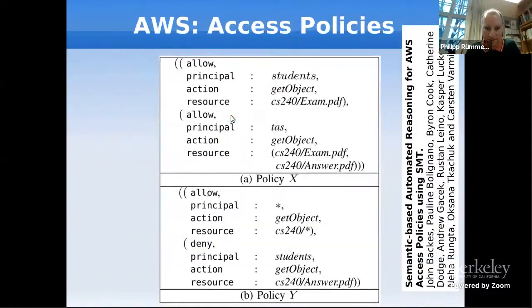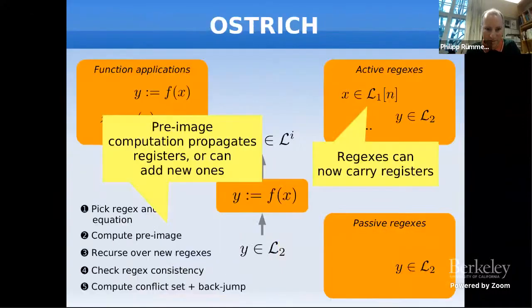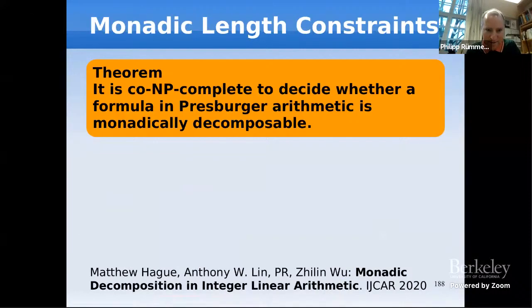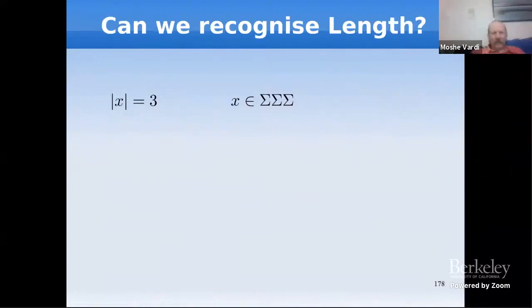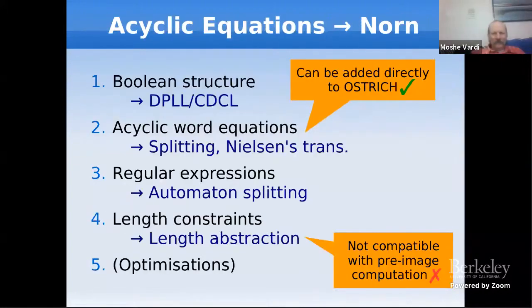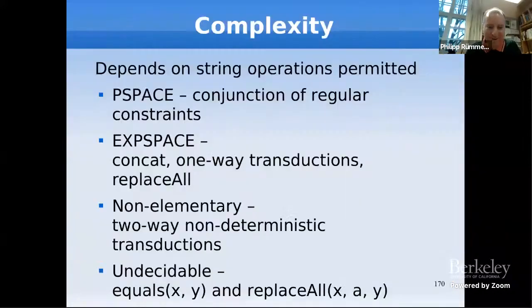I was thinking that you might be asking about this, so I prepared a slide. Ah, very good. Unpredictable. But now, where is it? I cannot find it. Right, so these are some results for different fragments that you could handle with Ostrich. Here the complexity really mainly depends on what kind of operations you consider.